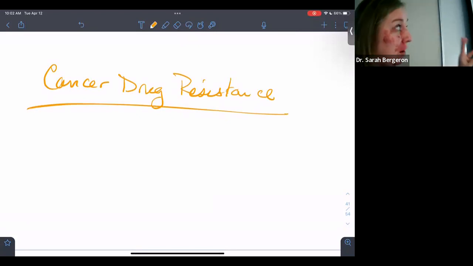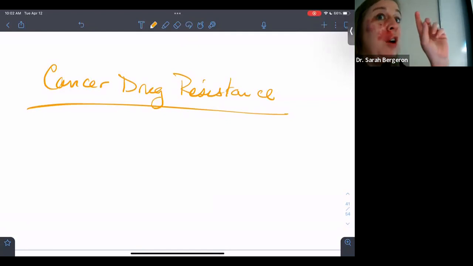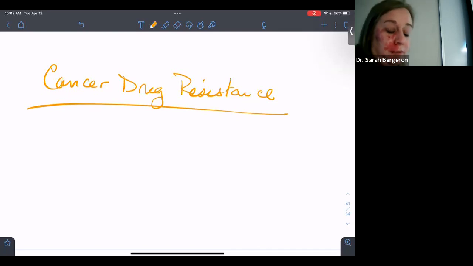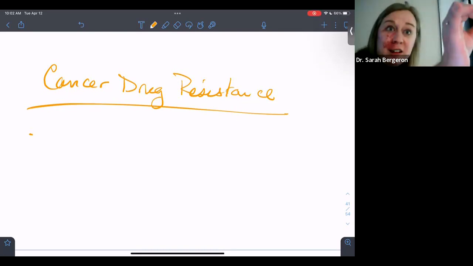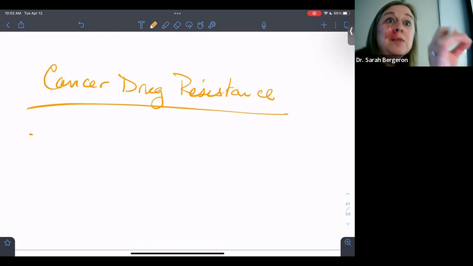There are actually 3 different ways that this can happen. We talked about one of them when we talked about penicillin. What does the bacteria do to become resistant to penicillin? So the gene that codes for the enzyme that the drug binds to does what? Mutates.